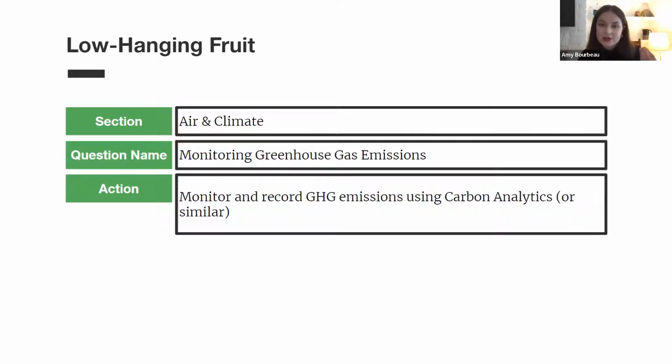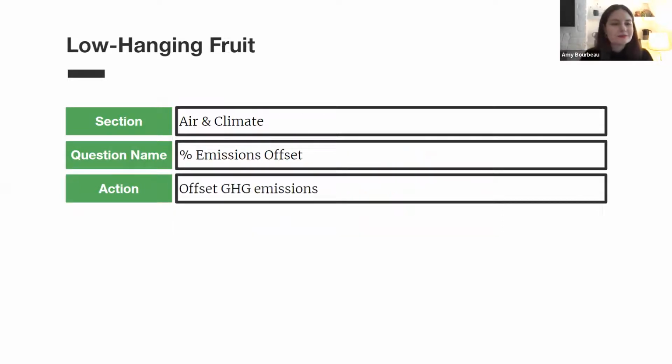And it's good to get an understanding, even if you're a service provider and you don't have that many greenhouse gas emissions, it's still good to get an understanding. And then once you know that, you can choose to offset the emissions if you want. Again, there's companies in the B Corp community who you can purchase greenhouse gas offsets through.